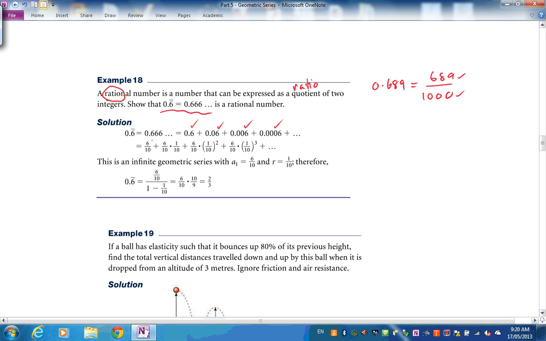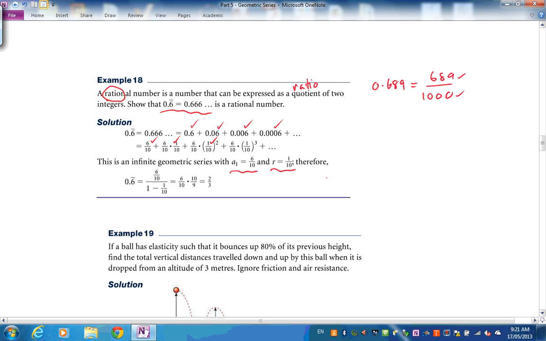So what is that? That's 6 tenths plus 6 tenths by a tenth plus 6 tenths by a tenth squared, etc. So it is actually geometric with mu1 6 tenths, and all the other decimals that keep recurring are 1/10 of the previous one.